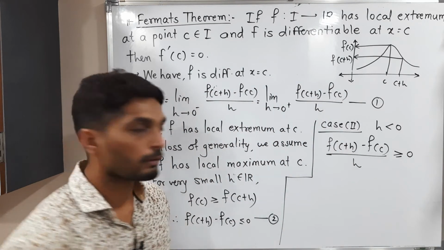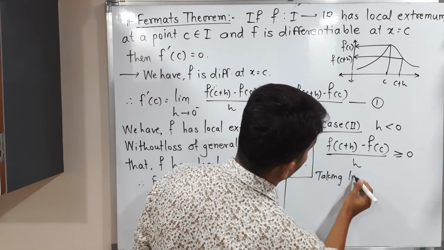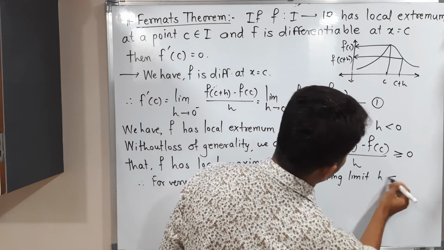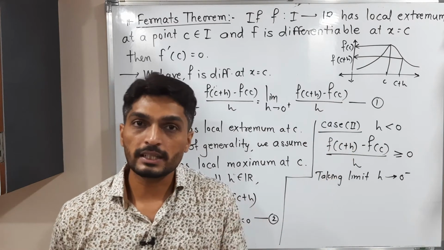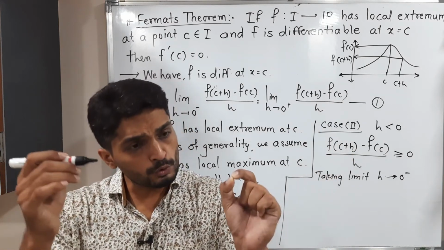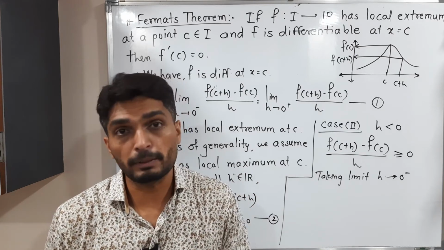Let us take the limit of both sides, h tends to 0 minus. That means h is negative, so it will approach 0 from the left hand side. So we are taking the left hand limit of both sides.